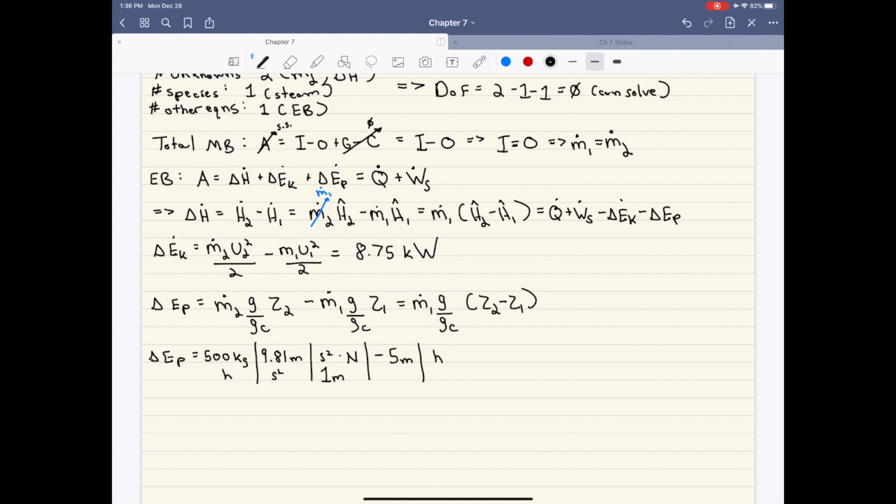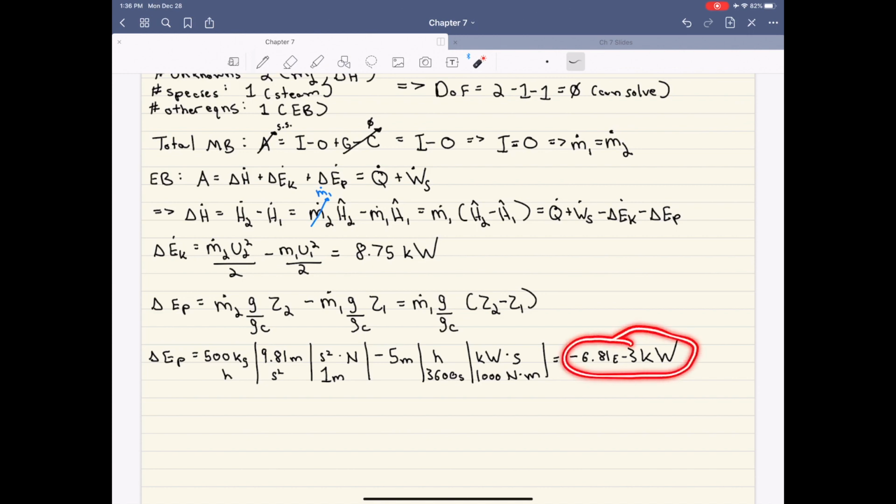And now I just need to convert hours to seconds, and this will give us kilowatts if I also divide it by 1,000. In the end, we get a value of negative 6.81 times 10 to the negative 3 kilowatts. So I'll highlight here that it's times 10 to the negative 3. This is much smaller than even the change in the kinetic energy. You'll start to see that that change in height of about 5 meters is almost negligible compared to everything else we're going to calculate in this problem.